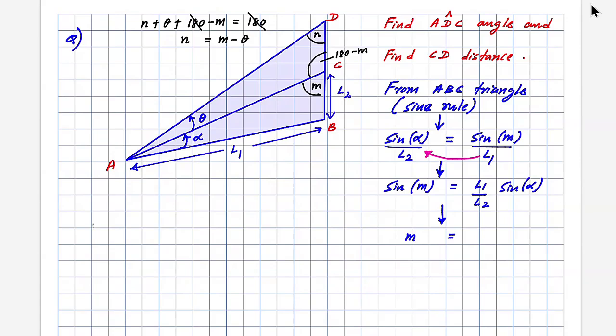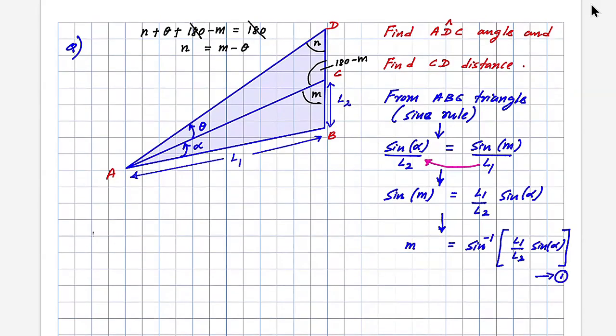Now, this can be a little critical. Look at this. So when you are sending sine to the other side, you do this. Sine inverse, what is in the right hand side? Right hand side, you put a bracket, like this one. Not a big thing. Right? Now that is the answer for m.